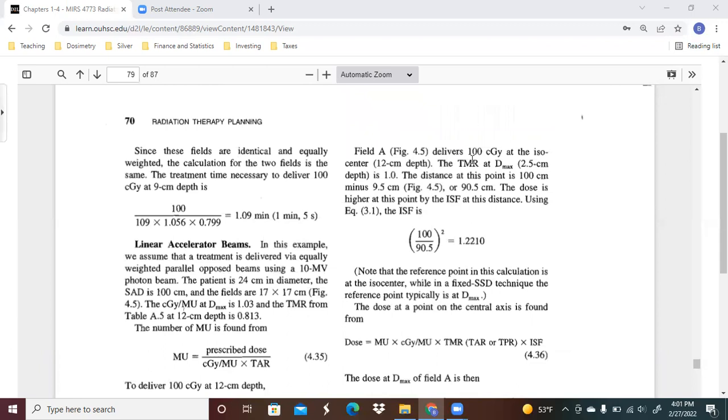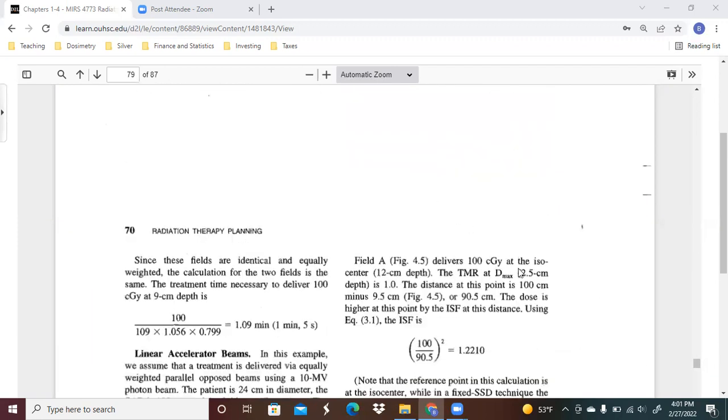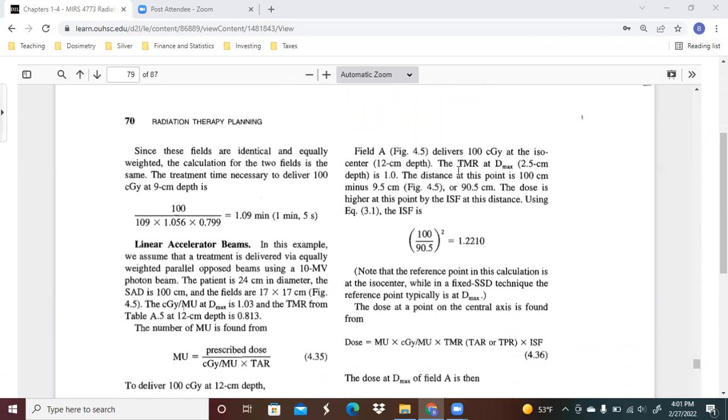So if we're looking at field A and it delivers 100 centigrade at the isocenter, the TMR at D max, or 2.5 cm depth, since it doesn't give us the energy, but I suspect it's a 4, is 1.0. The distance at this point is 100 cm minus 9.5, or 90.5.